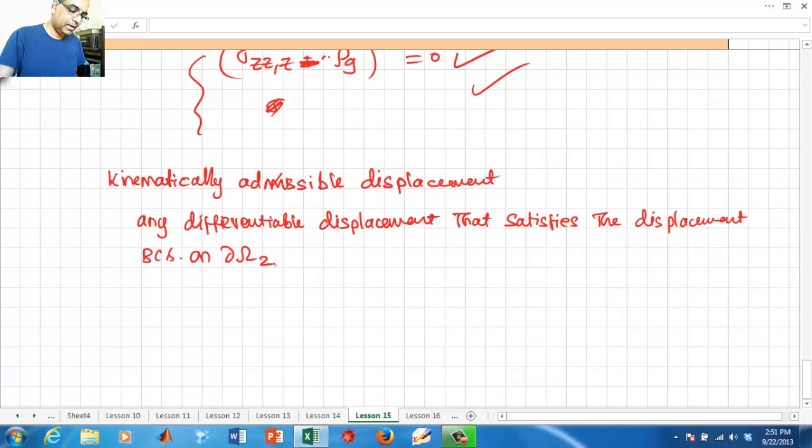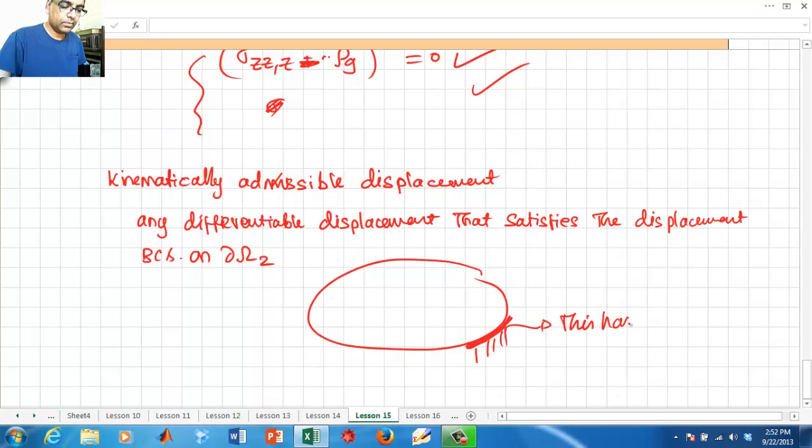What I mean is, if you remember, you come back to the continuum potato, all that the kinematically admissible field has to do is to satisfy this. We don't care about anything else. That's all. That's all it has to do.